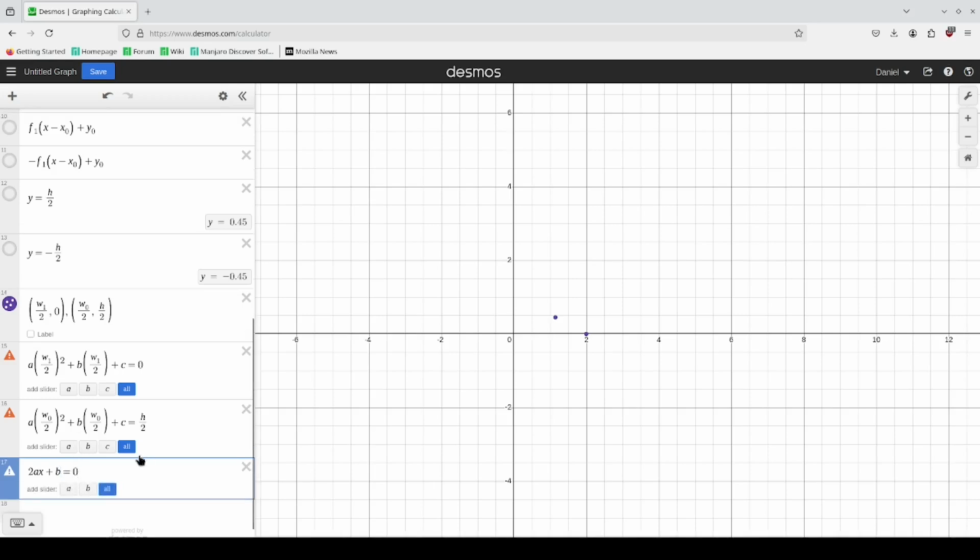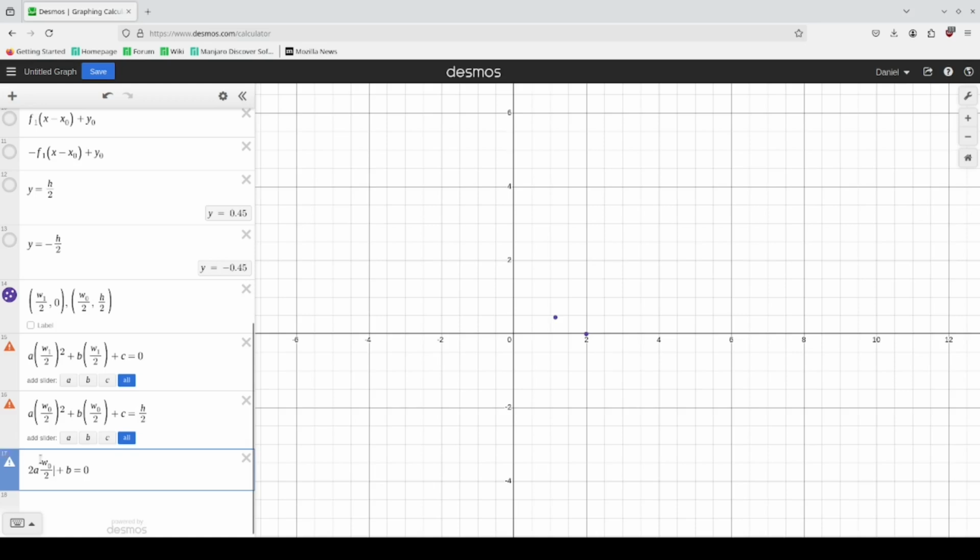And we want for this to be equal to 0. And we only want this to be true when x is equal to this point here, and that's our shorter width. So that is w0 over 2. So now we have 3 equations with 3 variables. So we can expect our parabola equation to be unique in this case.